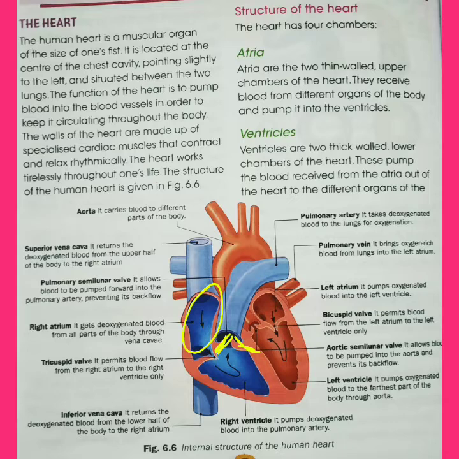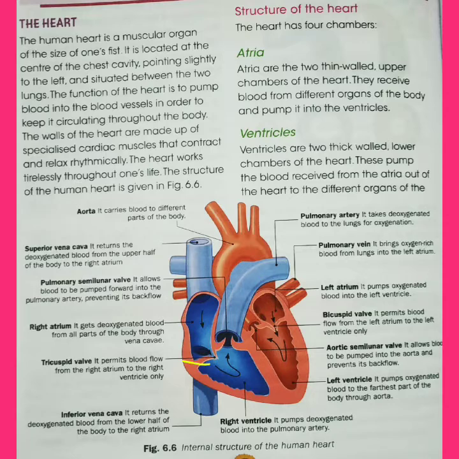Then through this right atrium, the deoxygenated blood passes into right ventricle. So between this right atrium and ventricle, there is another valve called tricuspid valve. This is called tricuspid, this one. So tricuspid valve permits blood to flow from right atrium to right ventricle only.